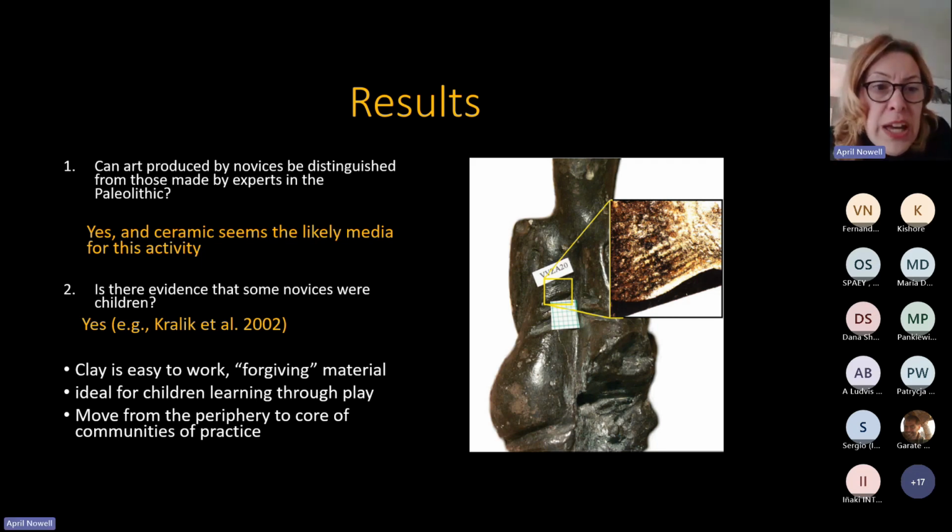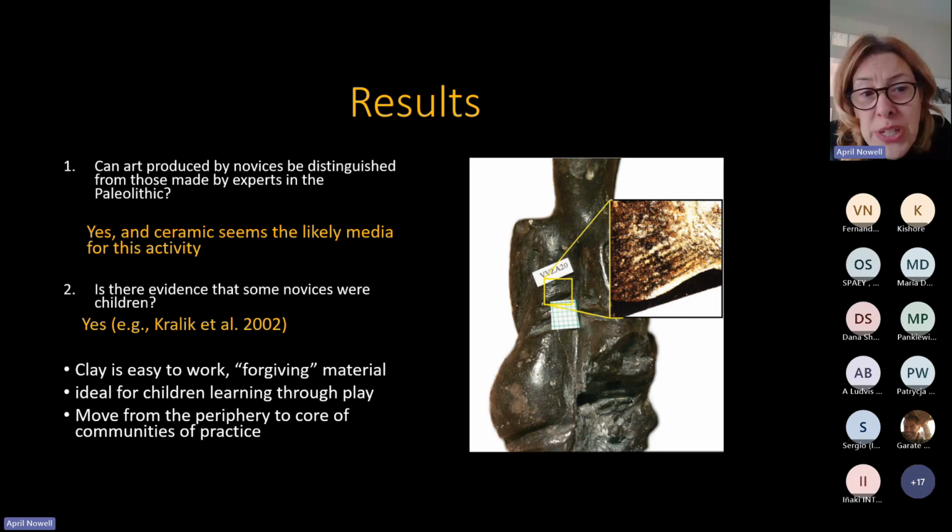And I think the other aspect to remember about all of this, of course, is coming back to that idea that clay is easy to work, that it's a forgiving material. It doesn't require a lot of skill to enter into this community of practice. You can start on the periphery by collecting the raw materials, by maybe getting the firewood to make the fire for the hearth and so on, and you can learn through play.